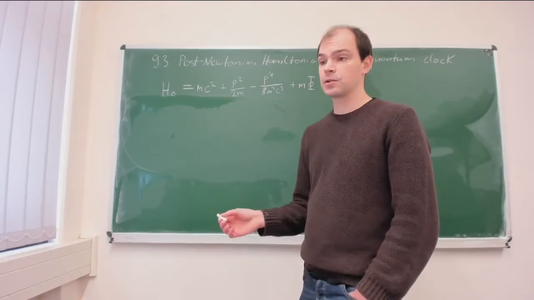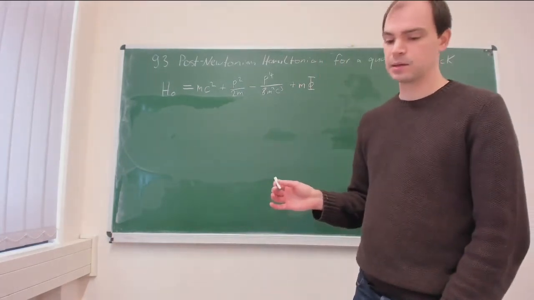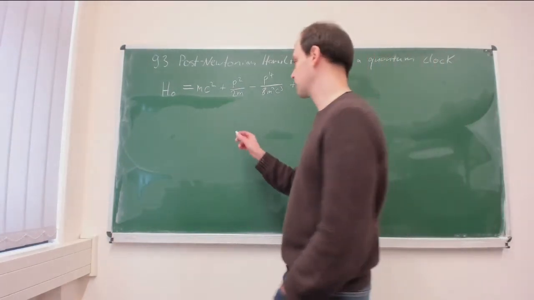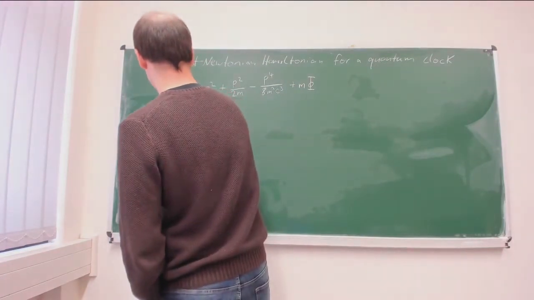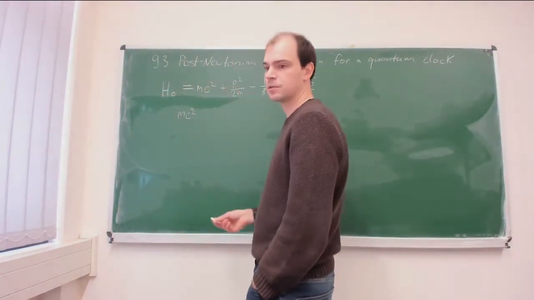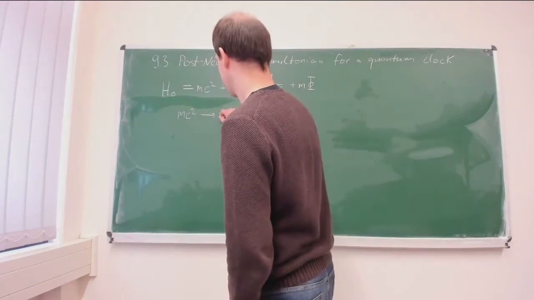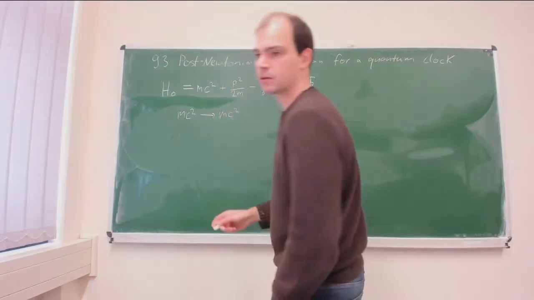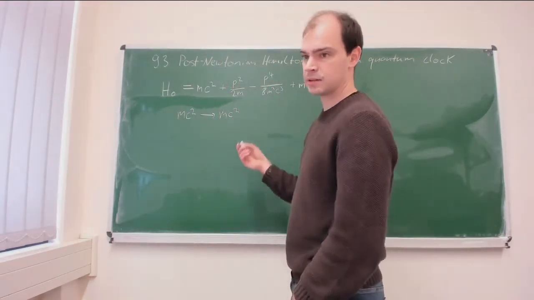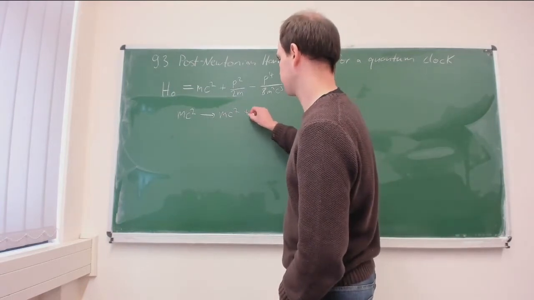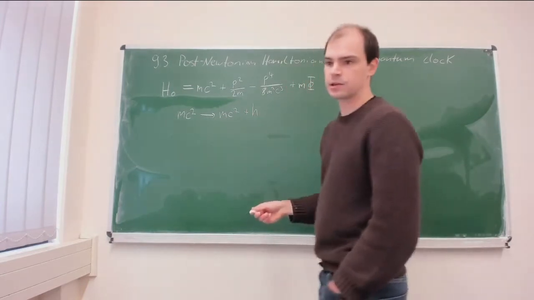So what we can do is we can replace our rest mass energy for a point particle by the rest mass energy plus the internal energy of our clock. And I call this small h.